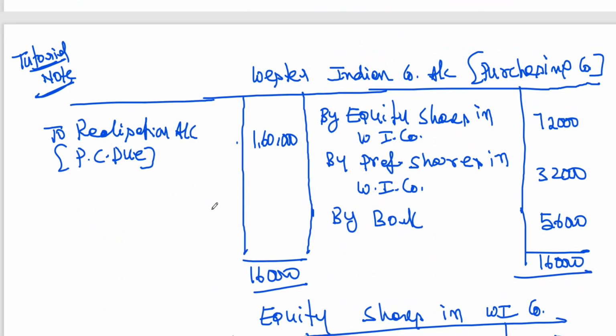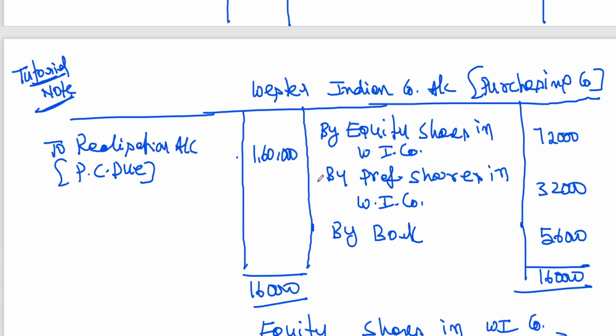So this is why I have opened it in the tutorial note, because you're not supposed to open these, because they're asking for 3 accounts. Time management is the key. First, in 1 or 2 problems I wish to open this account. So sometimes even if they're asking for the account to be opened, you can open it easily. And the purchasing company account and equity shares, preference shares accounts will also be useful for amalgamation of companies.